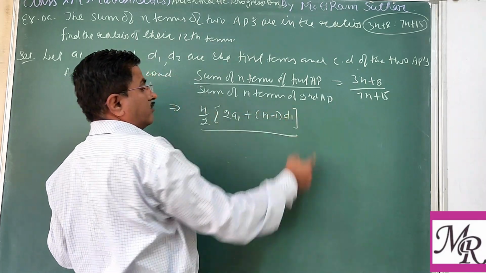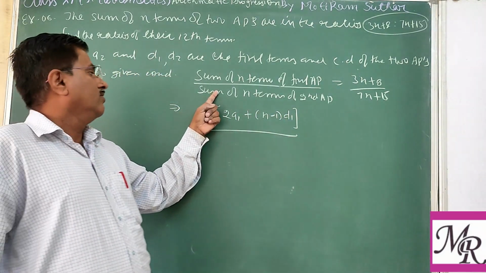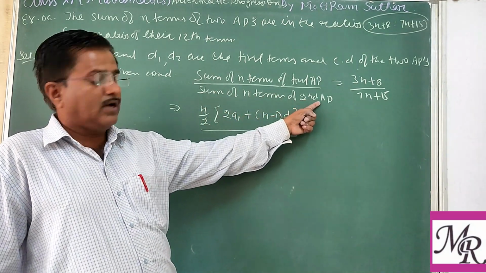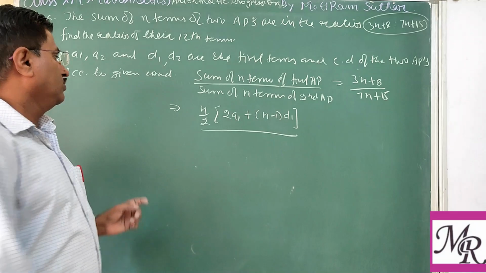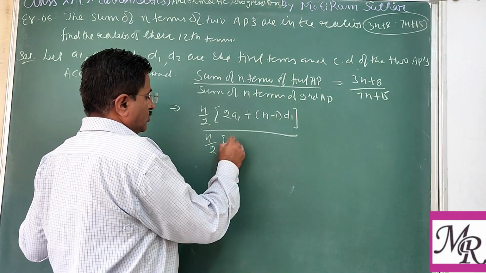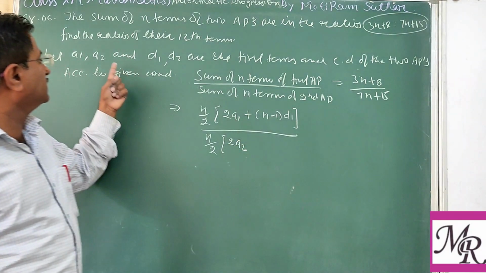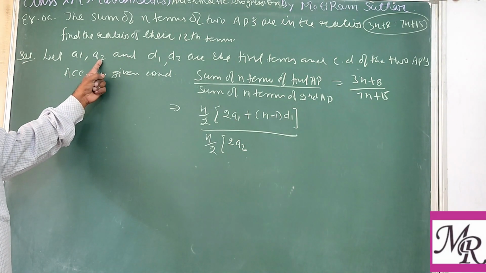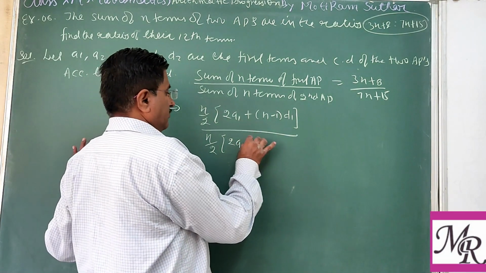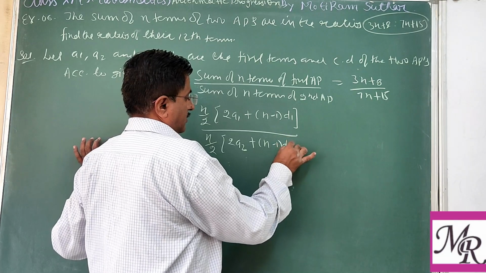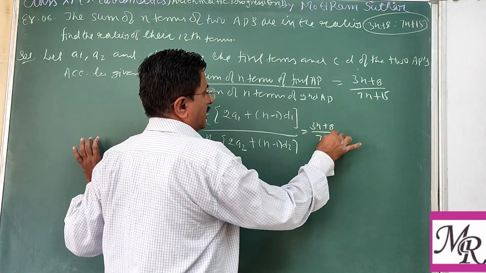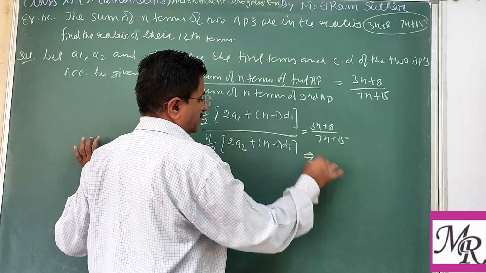Similarly, we use the formula of the sum of n terms for the second AP: n by 2 into 2 A2 plus n minus 1 D2. So one may write it this way, this is equal to 3n plus 8 upon 7n plus 15, which is right.